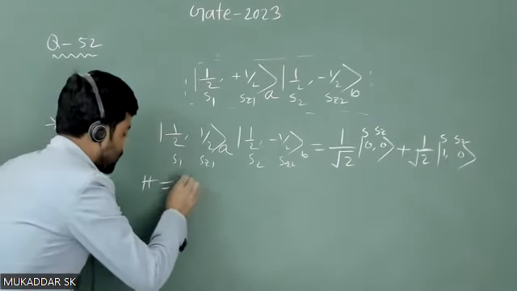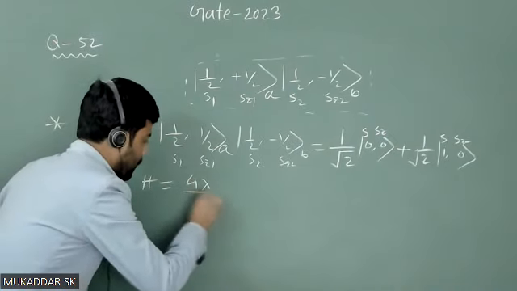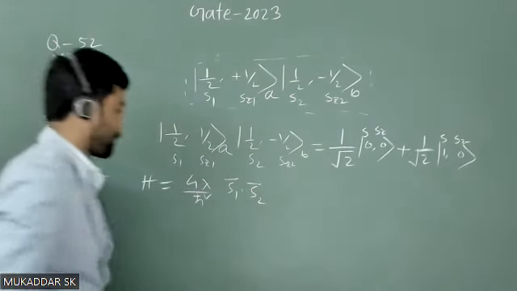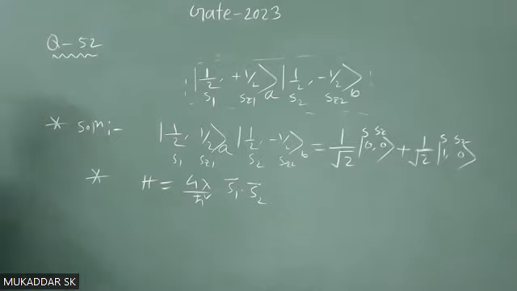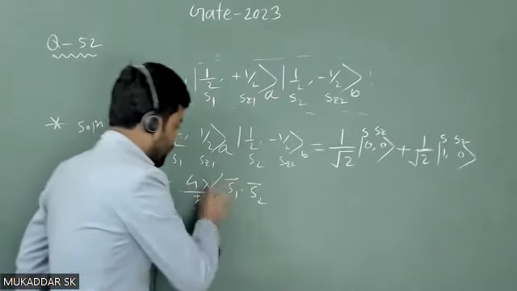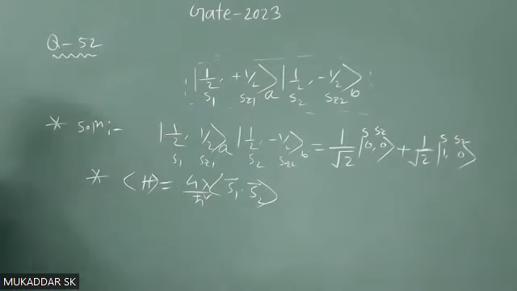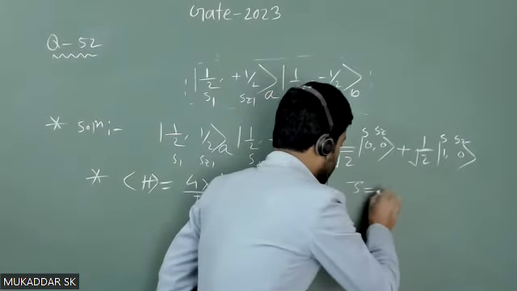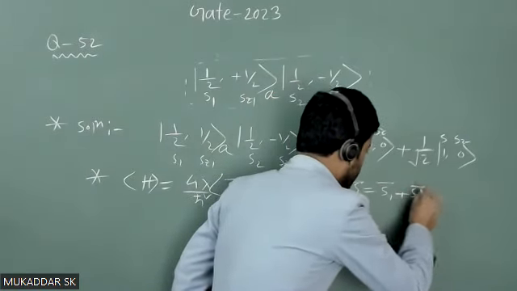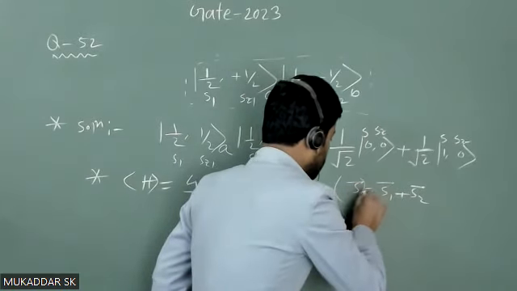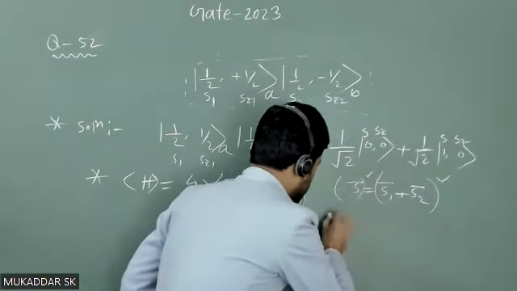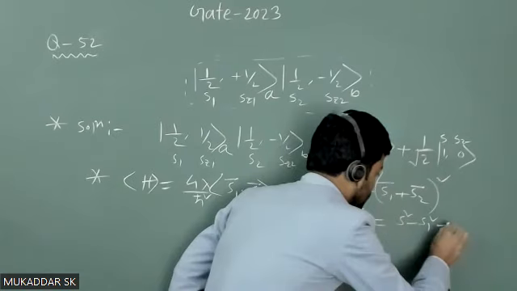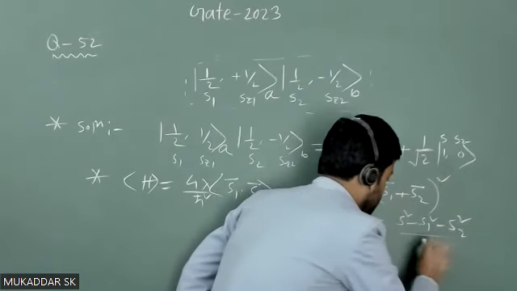Now from the given Hamiltonian, H is 4 lambda by h cross square S1 dot S2. So to calculate the expectation value, we have to calculate the expectation value of S1 dot S2. We know how to calculate it because the net spin S is S1 plus S2, and if I square both sides, I'll get S1 dot S2 equals S square minus S1 square minus S2 square divided by 2.